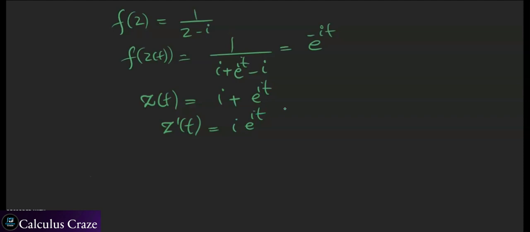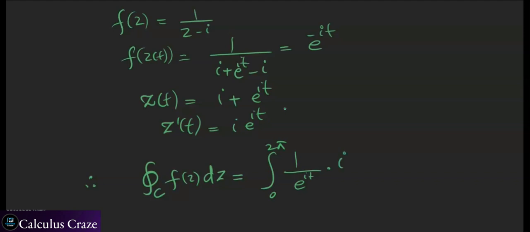Now I can substitute these values: the integral of f over C equals the integral from 0 to 2 pi of e to the minus iota t times the derivative of z, which is iota e to the iota t, dt. Now this cancels with this, and it turns out that it is equal to the integral from 0 to 2 pi of iota dt, which is equal to 2 pi iota, right? So this is the integral.